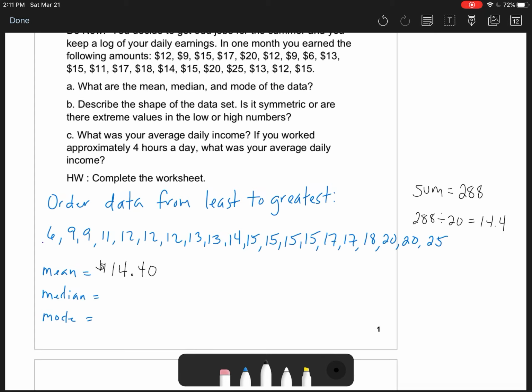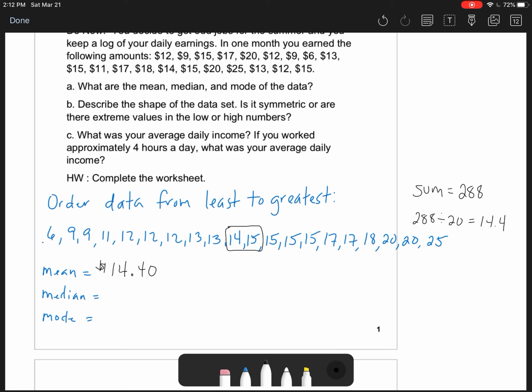Remember, guys, that the median is the middle number. Now, if we have 20 numbers in our data set, that means that the median is going to fall in between the 10th and 11th numbers. And the 10th and 11th numbers can be found here at 14 and 15. When you have an even set of numbers like this, you take the two numbers in the middle and find the average of those.